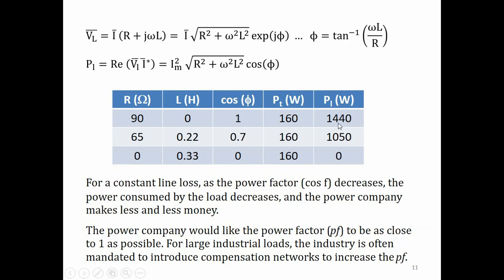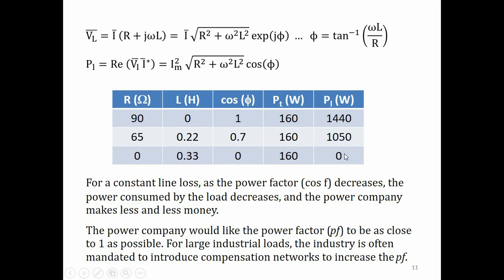Alright, so let's make it 10 rupees for 1 kilowatt hour. So this is 1.4 kilowatt. For 1.4 kilowatt hour, I'm paying 1.4 into 10, so 14.4 rupees an hour this industry pays. So 144 rupees it pays for 1 day. This industry pays 105 rupees, and this industry pays nothing.